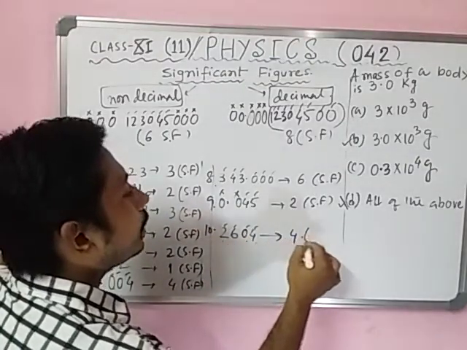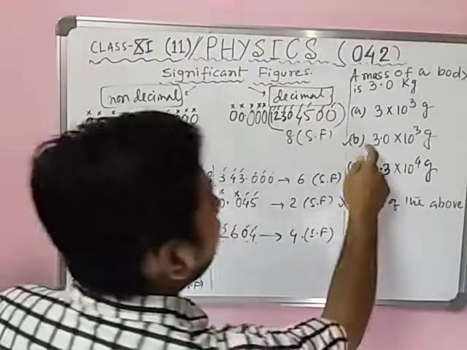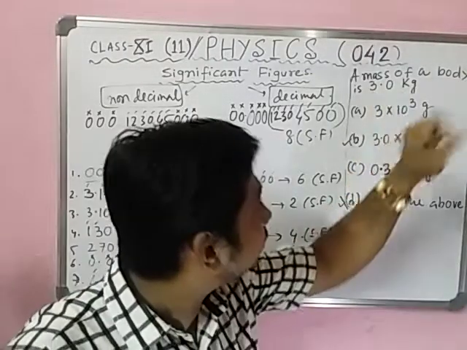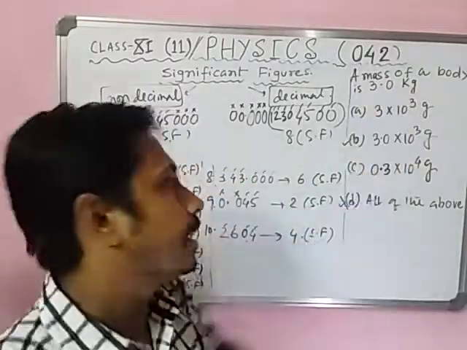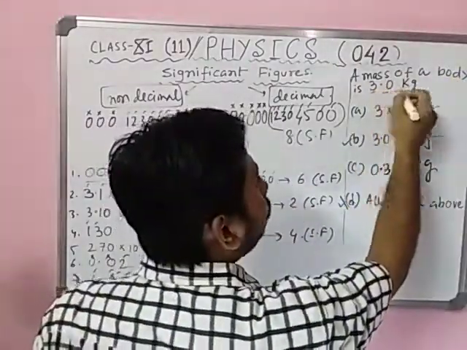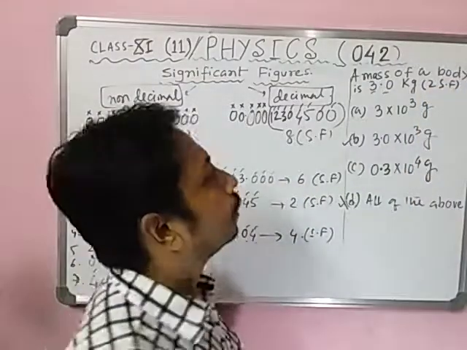Now students, I think you understood why option B is correct in this question. See, 3.0 kg has 2 significant figures, 1 and 2. So the answer should have 2 SF.